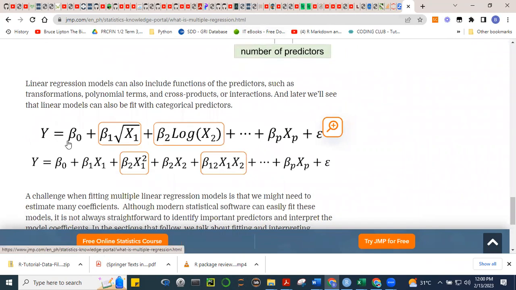Y is equal to beta null plus beta 1 times square root of x1. This is okay, no? Yung x naka-square root o yung x naka-log, x naka-squared, yung x pwede, yung x1 at saka x2, pwede ito. Linear regression models can include functions of the predictors, such as transformations, polynomial terms, cross products, or interactions, pwede yun.